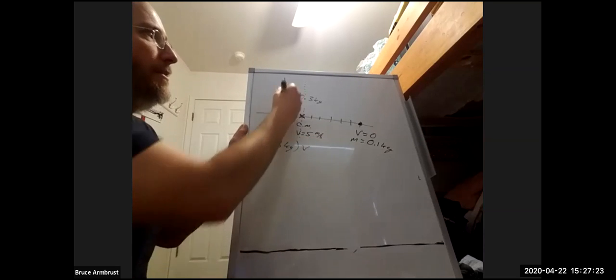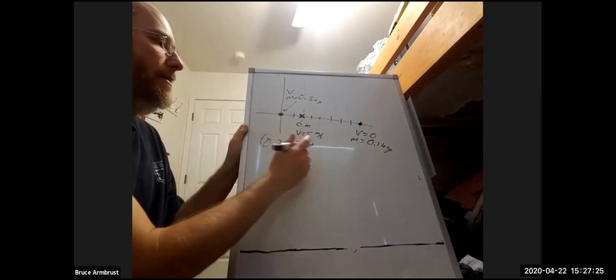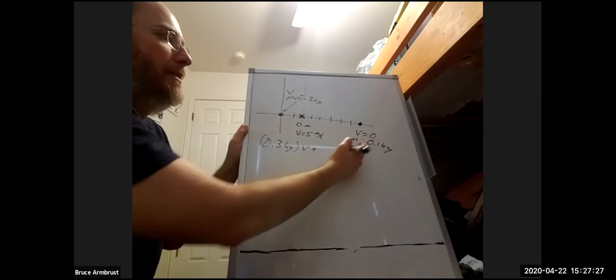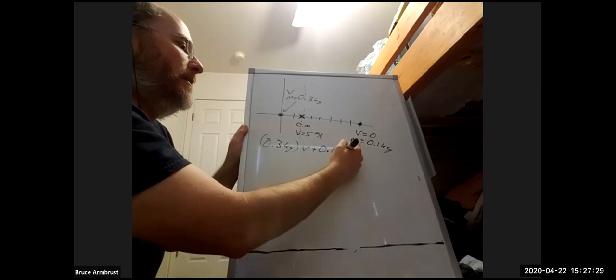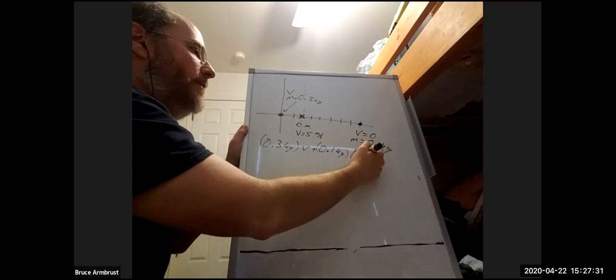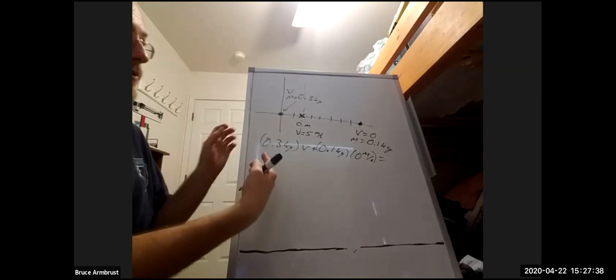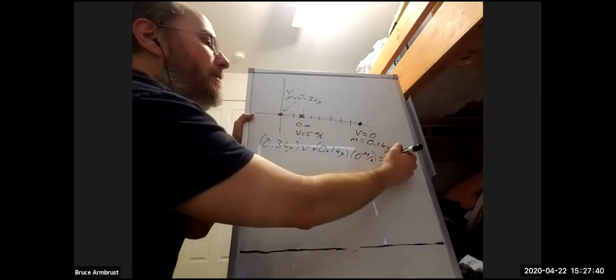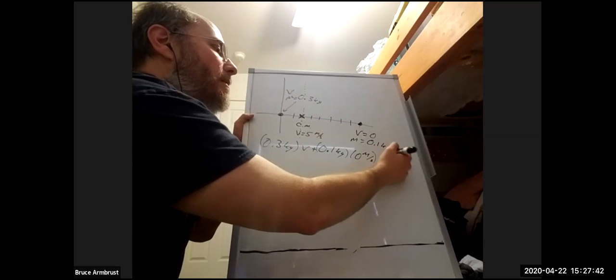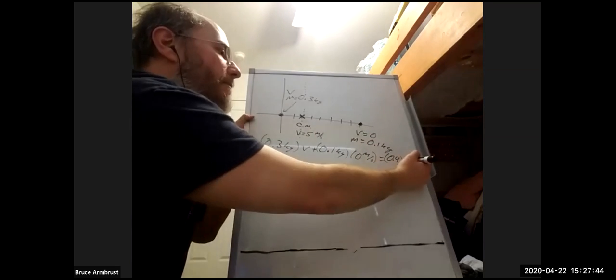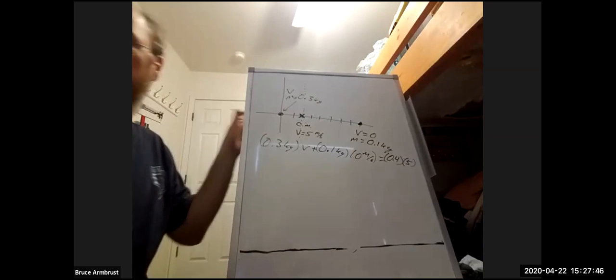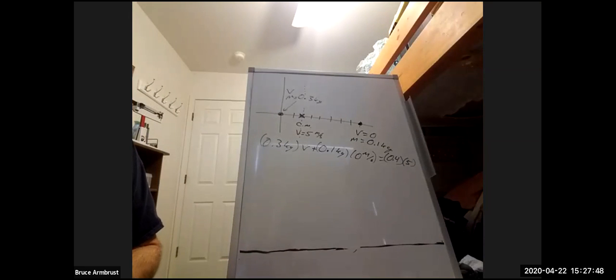I don't know what that is, so we'll just call it V. We add to that the momentum of the second one, so 0.1 kilograms times 0, because it's stationary. And that's going to have to equal the momentum of the system, which is going to be the total mass, 0.4, times the 5 meters per second that the center of mass is moving.